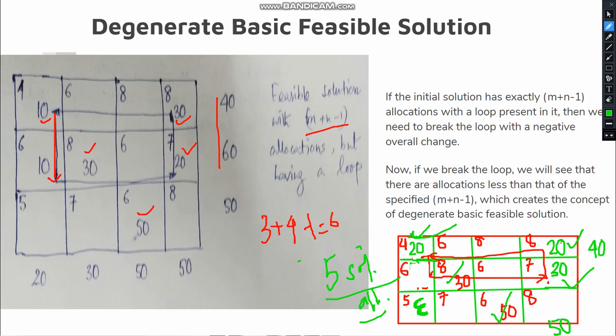Okay, so now you have broken the loop. You are now following the m plus n minus 1 rule, and the total cost of transportation has also reduced. So you have achieved these three things, and this is a special case which we call a degenerate basic feasible solution. And whenever there is a degenerate basic feasible solution, we just give an epsilon sign.